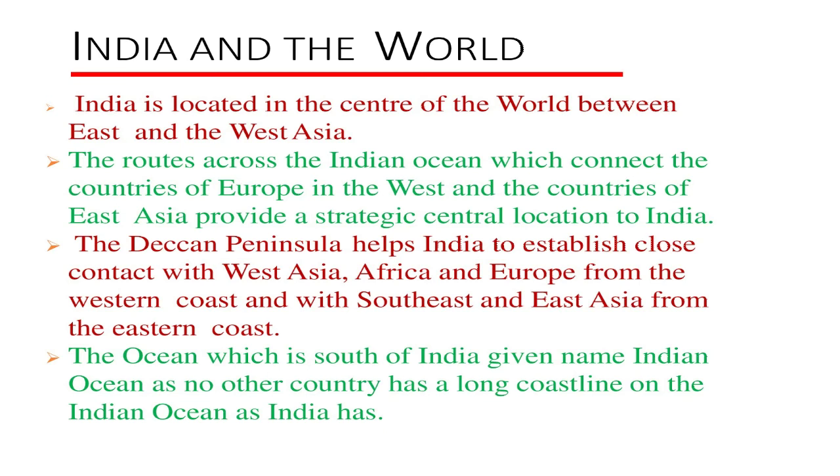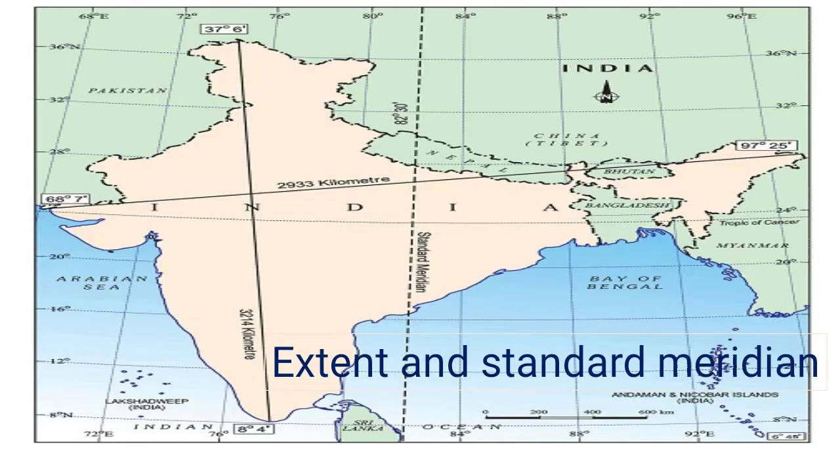Next point, India and the world. The Indian land mass has a central location between East and West Asia. India is the southward extension of the Asian continent. The Trans Indian Ocean routes, which connect the countries of Europe in the west and the countries of East Asia, provide a strategic central location to India.